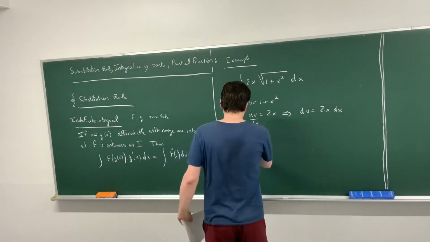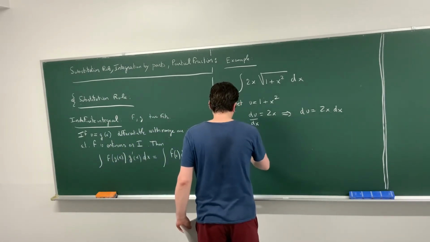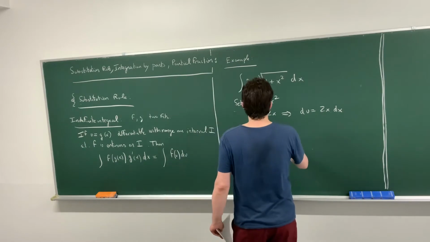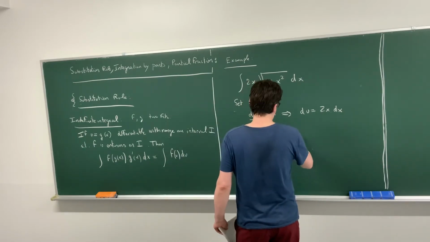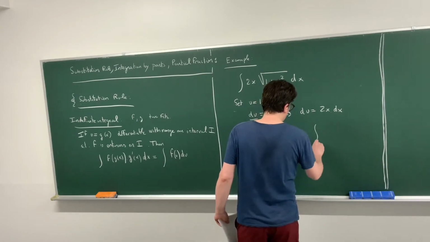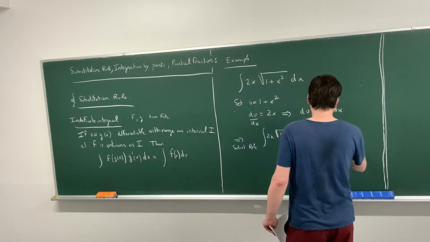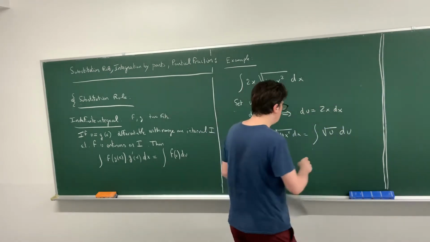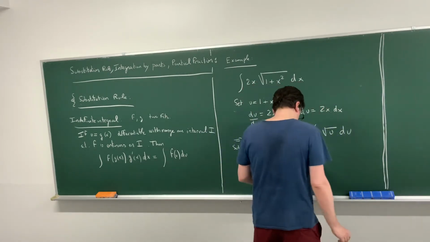So by our substitution rule, we deduce that this indefinite integral is actually nothing else than the integral of square root of u du. And we know the antiderivative of the square root.